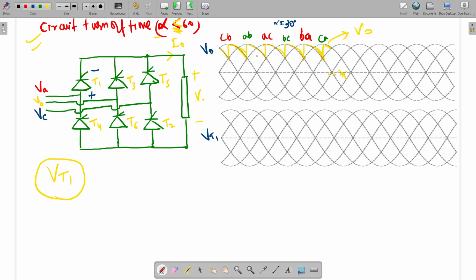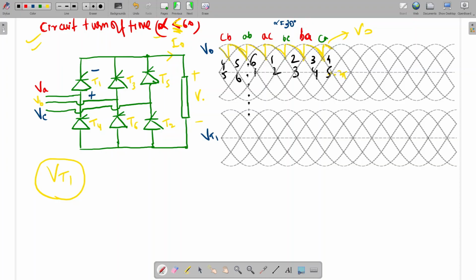So AB means 6 1. Here it will be 1 2, 2 3, 3 4. Here it will be 4 5. Here also it will be 4 5, and here it will be 5 6. So when switch one conducts, what will be the voltage across that switch?